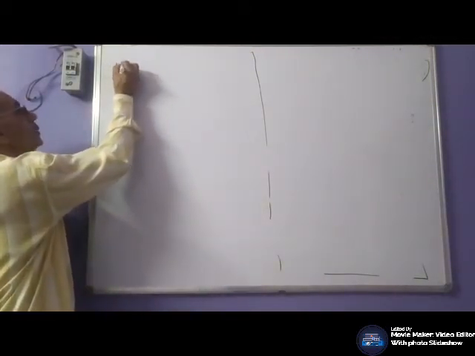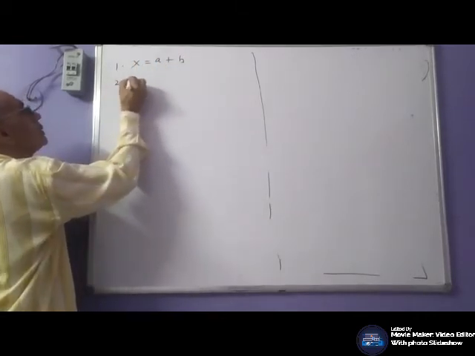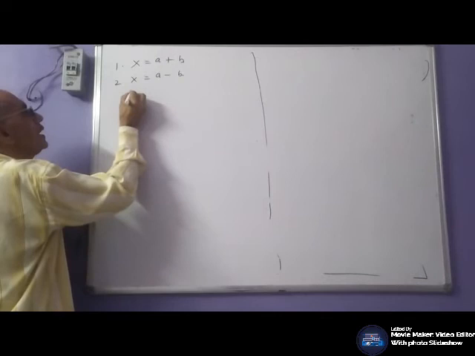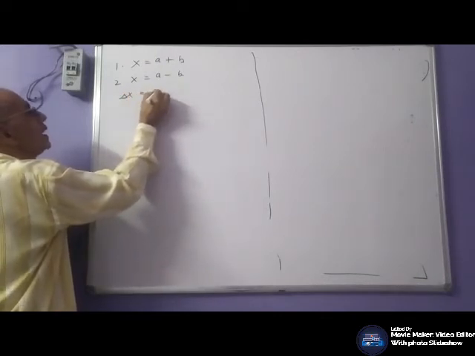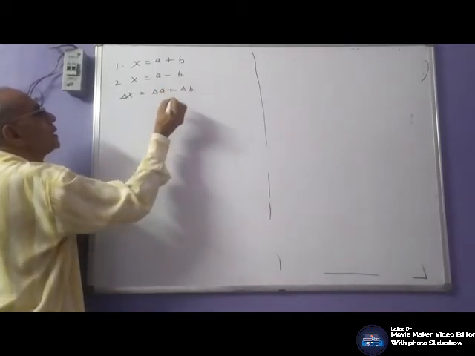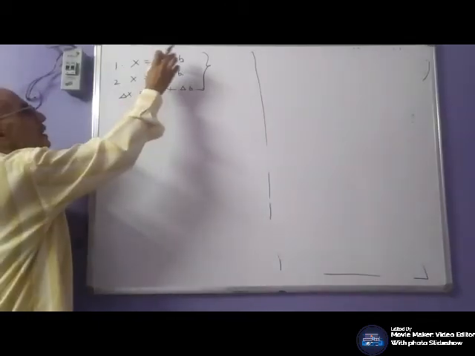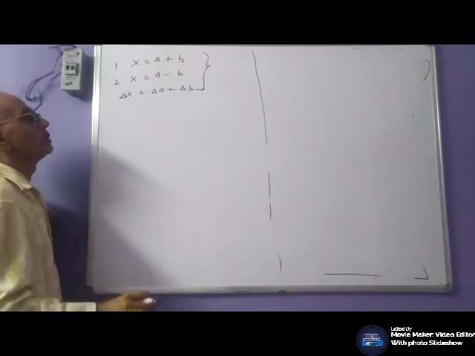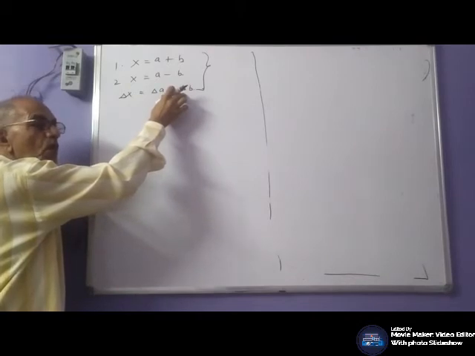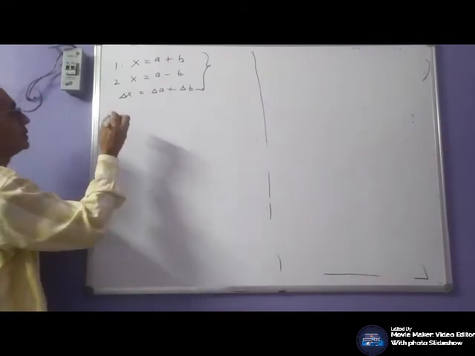For numericals, remember x equals a plus b, x equals a minus b, delta x equals delta a plus delta b. When result is sum or difference, we have solved that the absolute error was sum of two absolute errors, whether the result is sum or difference.